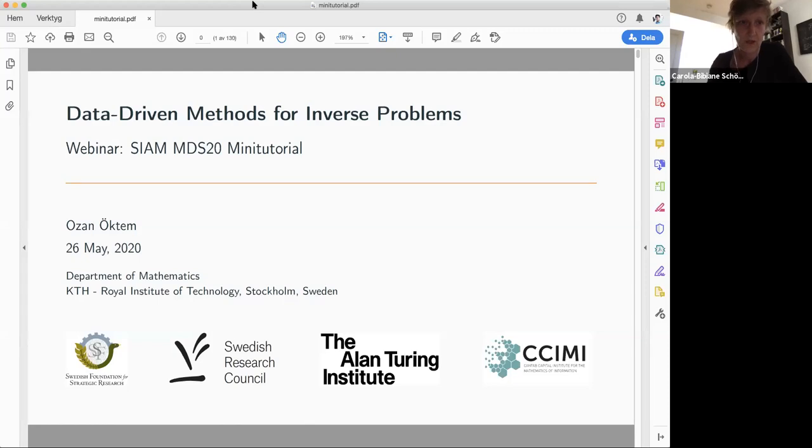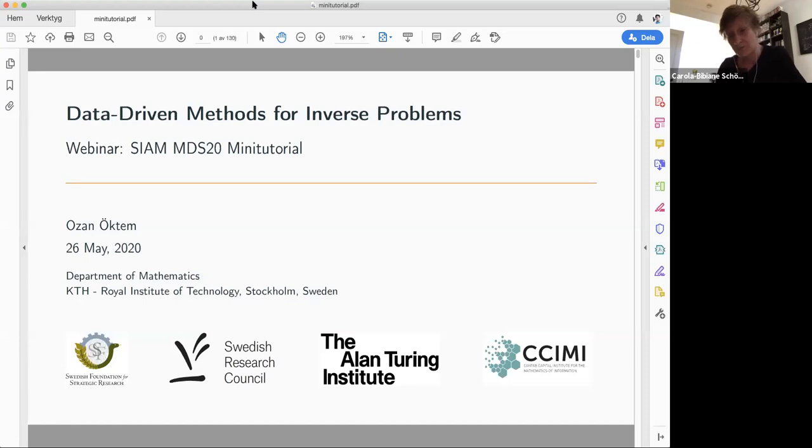One of them are these unrolled learned iterative schemes, learned primal dual, learned gradient descent. So I had the pleasure of writing an Acta Numerica paper with Ozan, Simon Arridge and Peter Maass last year, which was a pleasure.